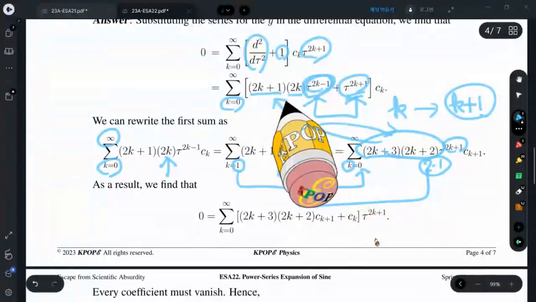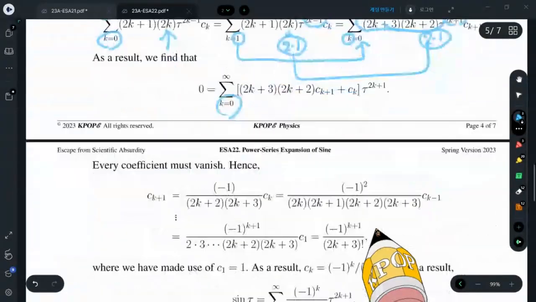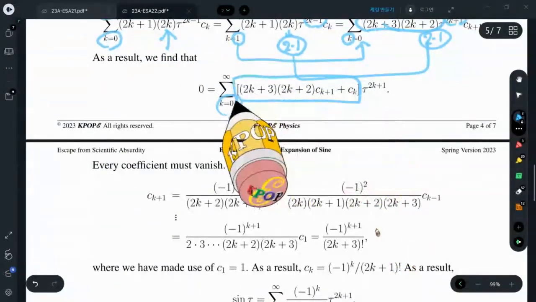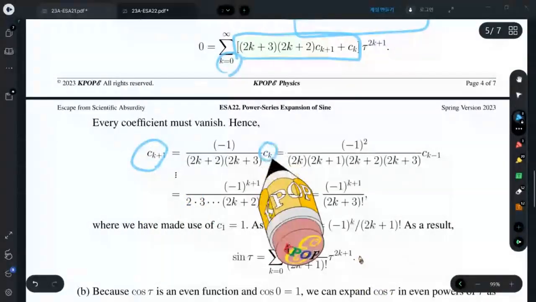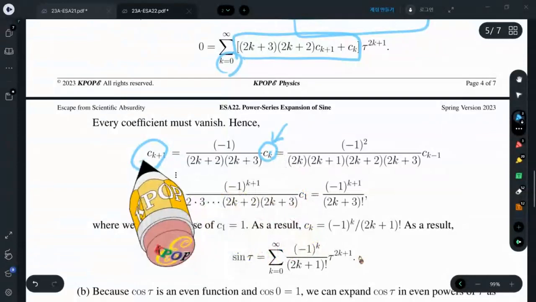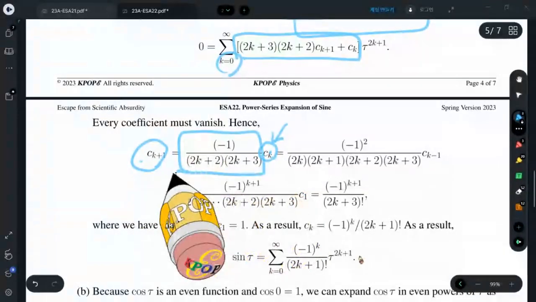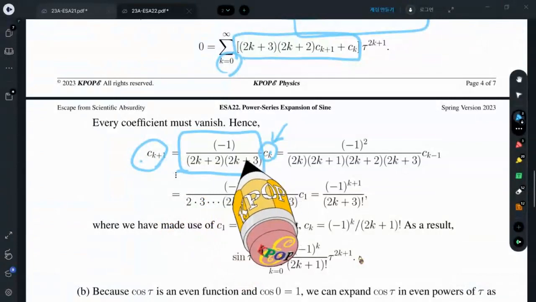Now I can substitute this with the same summation. As a result, what I find is a recurrence relation. This recurrence relation tells you if I know the value of a coefficient at some point, the next one is completely determined by multiplying this additional factor.